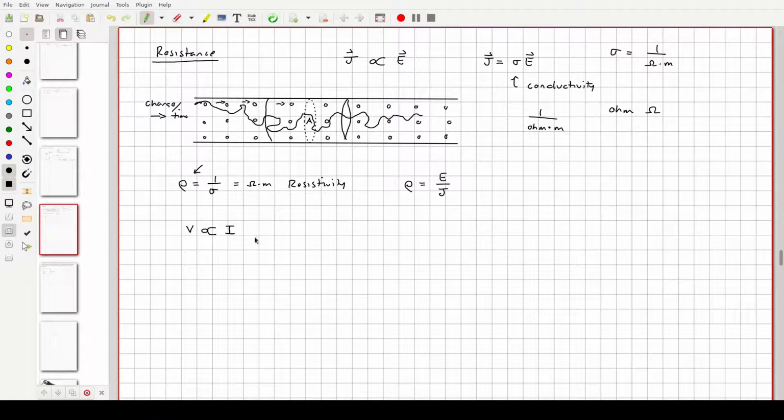The more current you want to move through, the more work you have to do. The constant of proportionality here is R, which is resistance. It is measured in ohms.